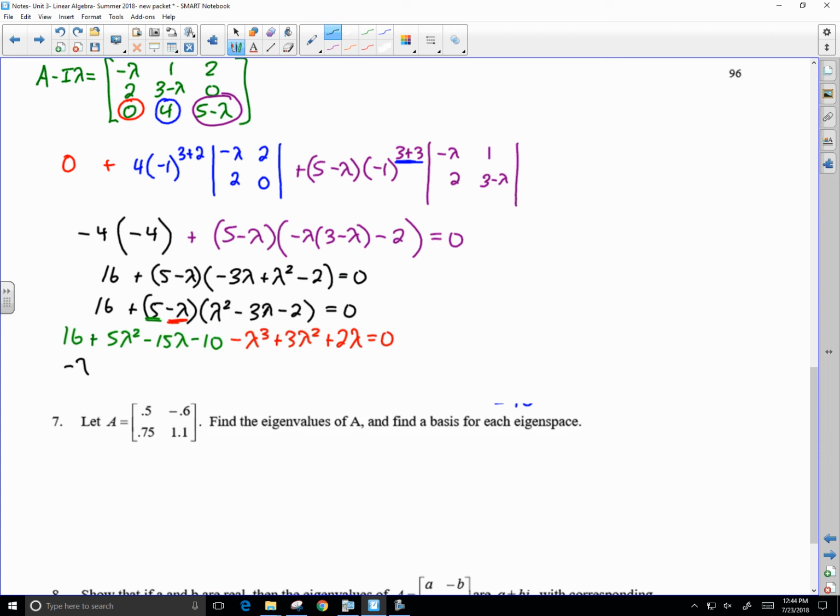All right, so we got a negative lambda cubed, that's this guy. Got some squared terms, so it's going to give me, what, an 8 lambda? So these are done. And I get a negative 13 lambda. These two guys, plus 6.